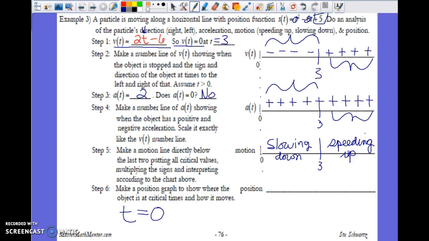So let's go to the right side of this line, and that's where position is 5. Now the other critical point is at t equals 3. We have 9 minus 18 plus 5, and this gives us negative 4. And so position negative 4, let's just put it somewhere on the left-hand side.